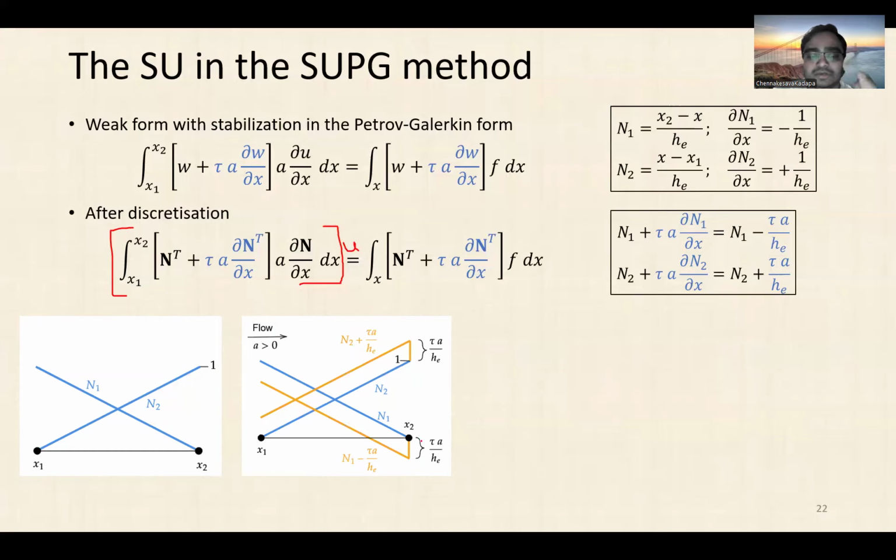Since we are subtracting some positive value from N1, its value is lower, so this is our new basis function. For N2 we are adding some positive value, so its value will be increased: N2 plus tau A by he will be above N2 by this amount, tau A by he.